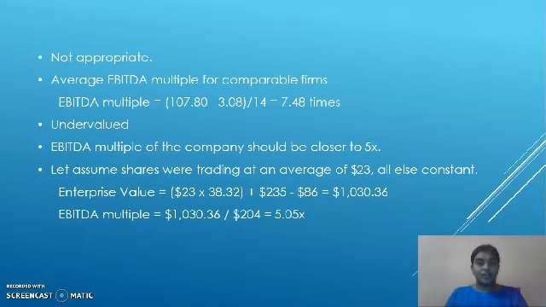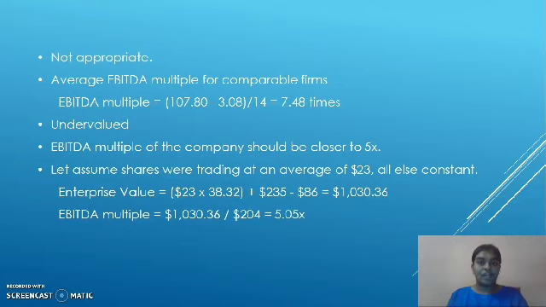For that, we need to change the share price of American Greetings. From the graph given in the case study, we can see that most of the share price is above $20 throughout 2010 and 2011. In order to get an EBITDA multiple closer to 5, we put an estimated share price of $23 with all other factors constant.